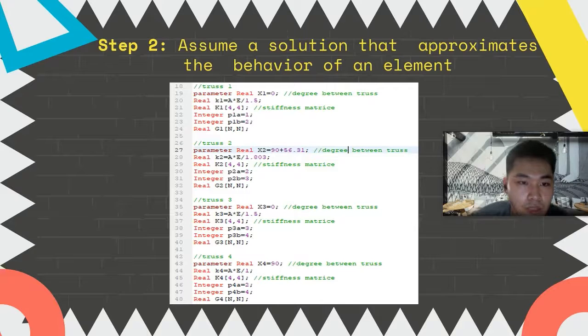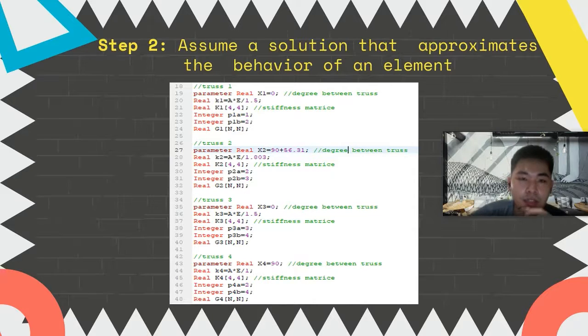Truss 1 is 1.5, truss 2 is 1.803, truss 3 is 1.5, and truss 4 is 1. And then there are the integers P1A and P1B, and so on, which are the trusses that are connected.